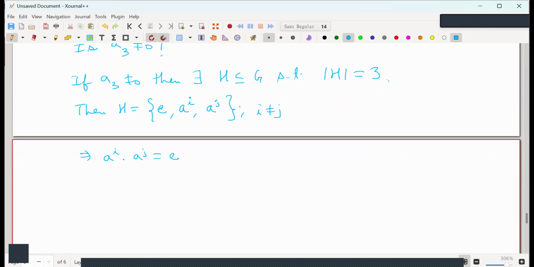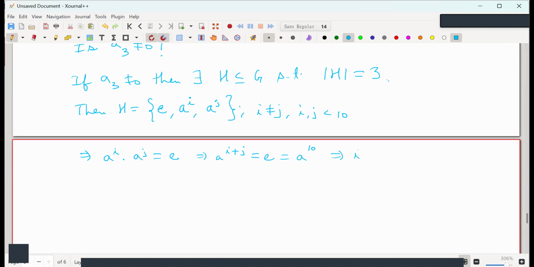Left cancellation rule, right? So their product should be identity because their product shouldn't be inside this set. So j is like 10 minus i, if it's possible, and both i and j are also less than 10. So this implies that i plus j should be identity and it is less than 10. So the only possibility is it can be a^10, right?